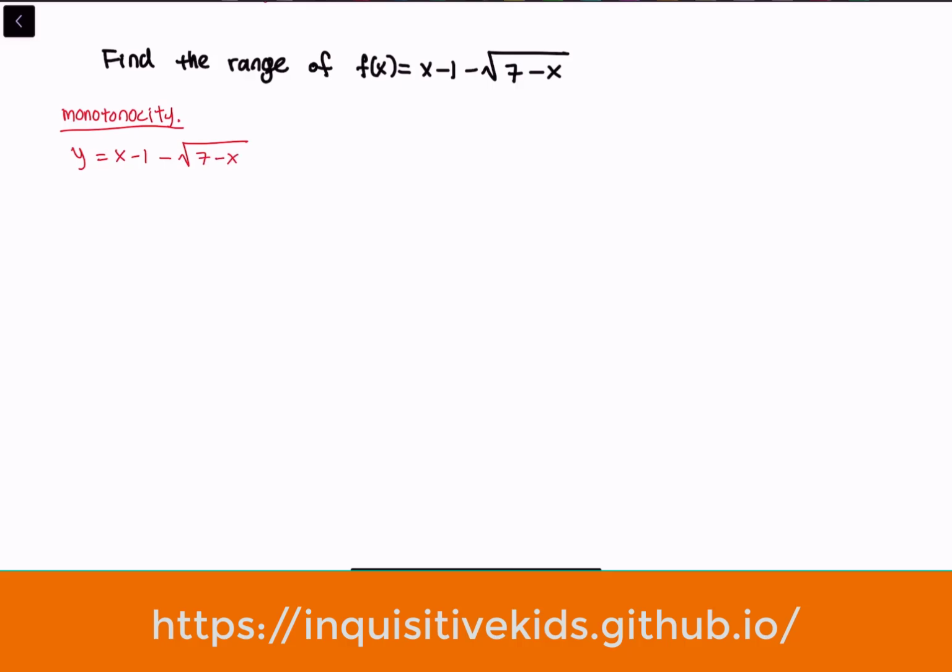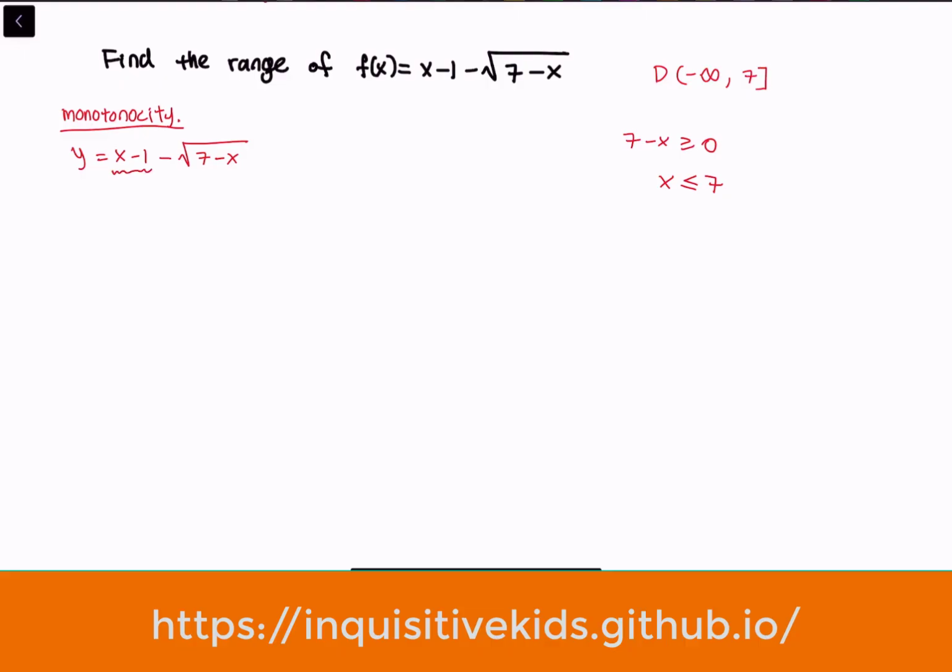Let's first find the domain. This way we can analyze what x values we're dealing with. We know that the section under the square root definitely has to be greater or equal to 0. So x must be less or equal to 7. This means that the domain goes from negative infinity to positive 7 inclusive.